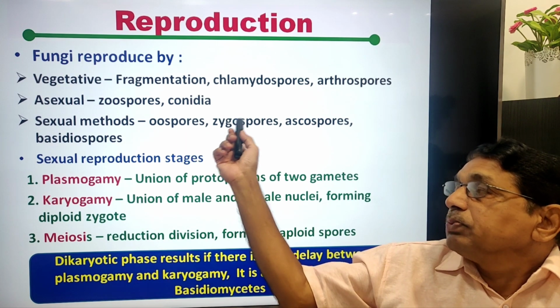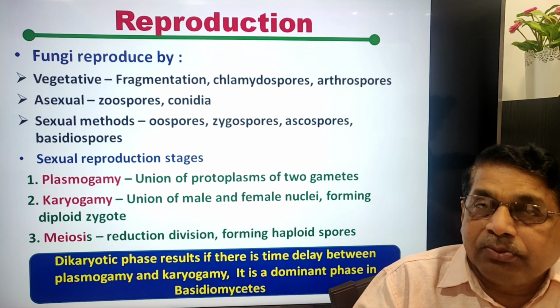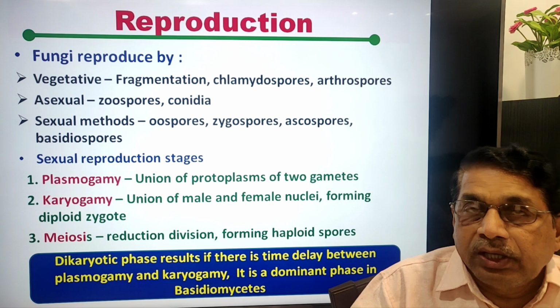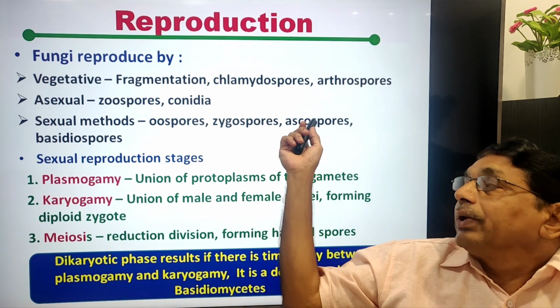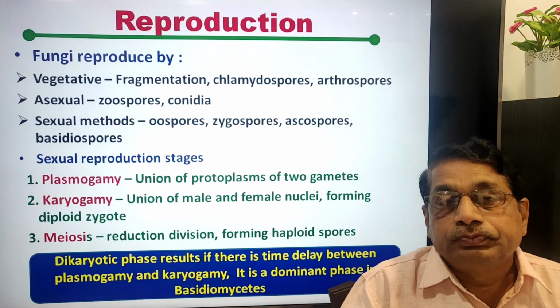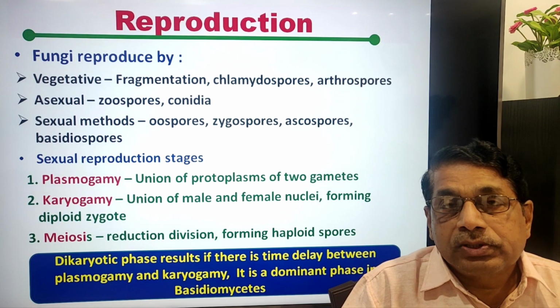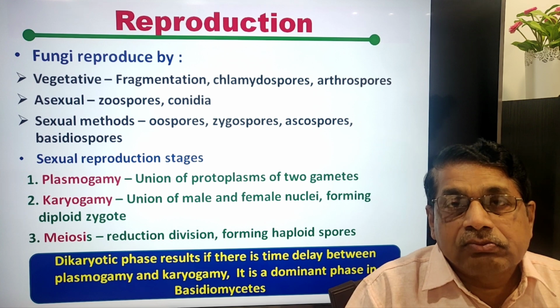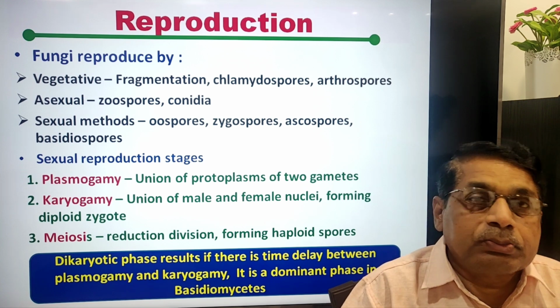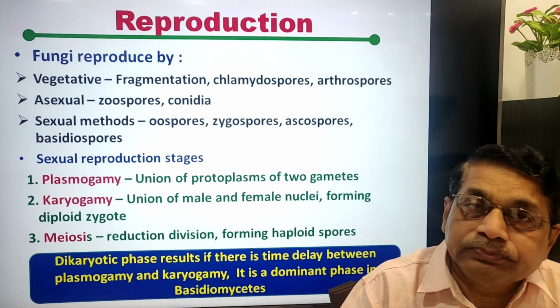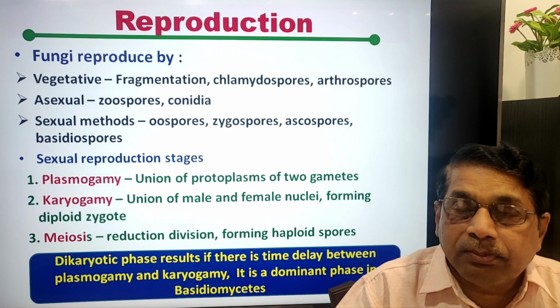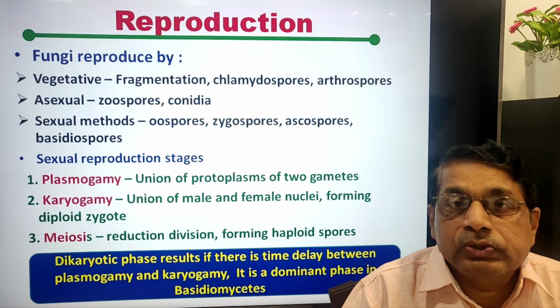Or zygospore in Zygomycetes like Mucor and Rhizopus. Isogametangia fuse and form a zygote. Or ascospores. In Ascomycetes, inside the ascus, 8 ascospores are produced. Basidiospores: upon the basidium, 4 basidiospores are produced.